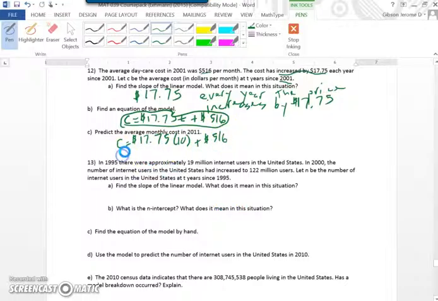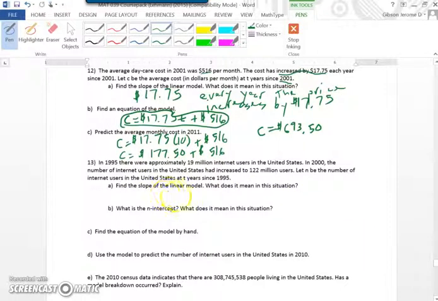So when we substitute in 10 for t, that would give us $177.50 plus the $516. Now when we add that together, we still would have the 50 cents. 3, we carry our 1, that's 9. So that'll be $693.50.